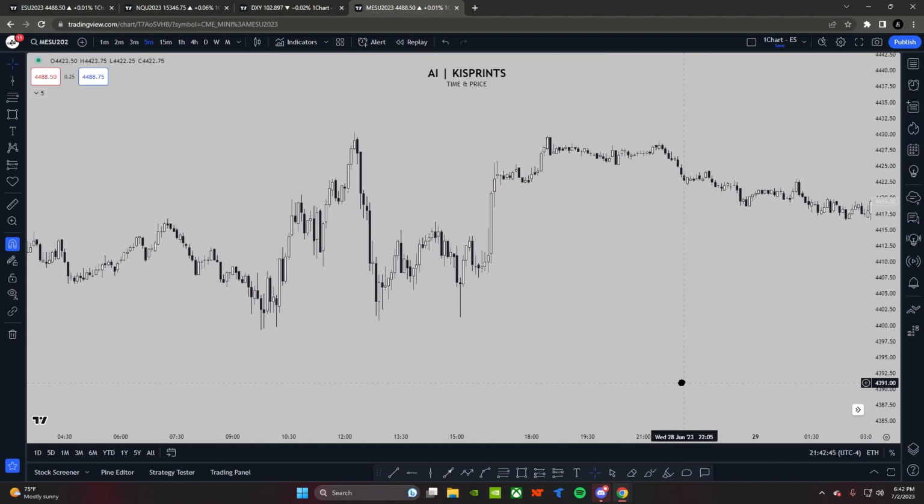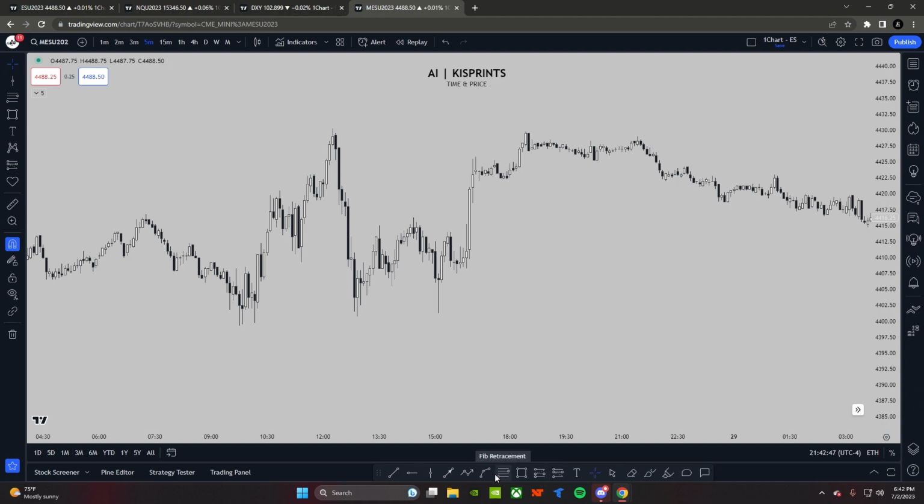So a mitigation block is the continuation. I would say a breaker block comes first, and then a mitigation block follows. So think of it this way. We have a breaker block, so we have our low, our lower low, and then typically we do something like this, and then we just place higher above our breaker block.